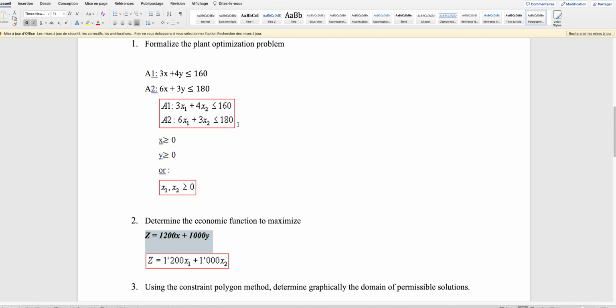And now for the second workshop. For the second workshop, we multiply 6 by 53, x1, P1 to produce. So 6 multiplied by 53, we obtain 318 hours. So it's strictly impossible because the available capacity of the second workshop is only 180 hours.